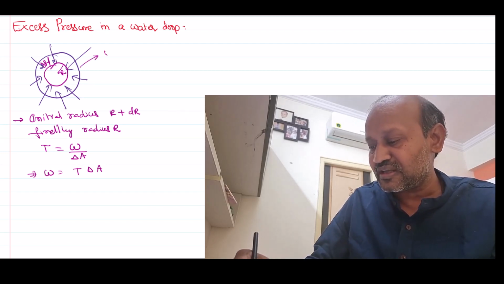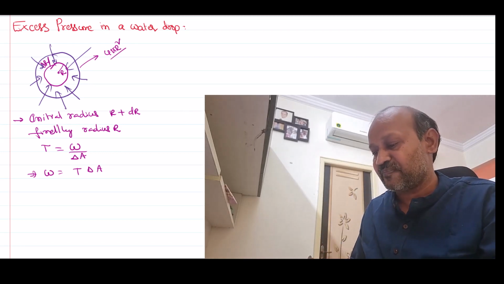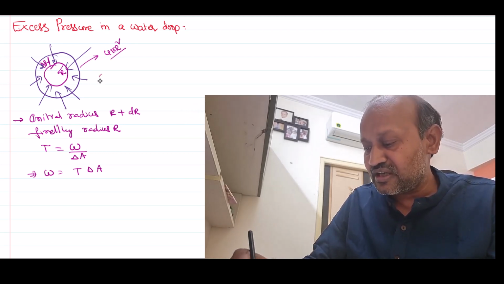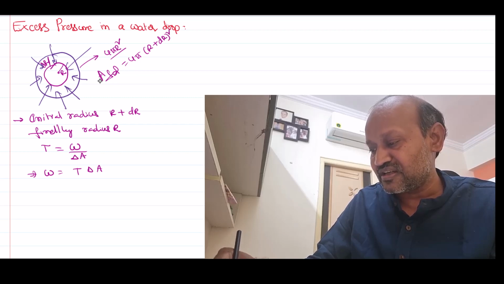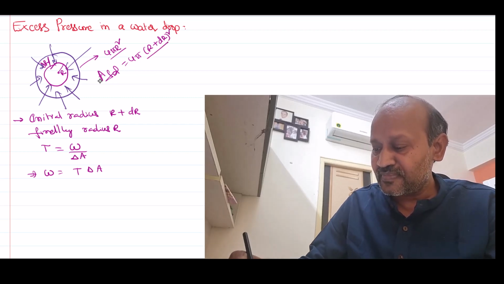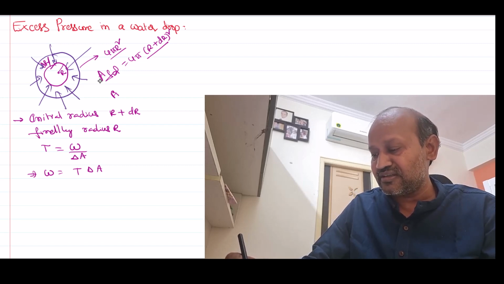The water drop is spherical, so its area is 4 pi r square. Initially it has a radius of r plus dr, and then the area shrunk down to 4 pi r square.